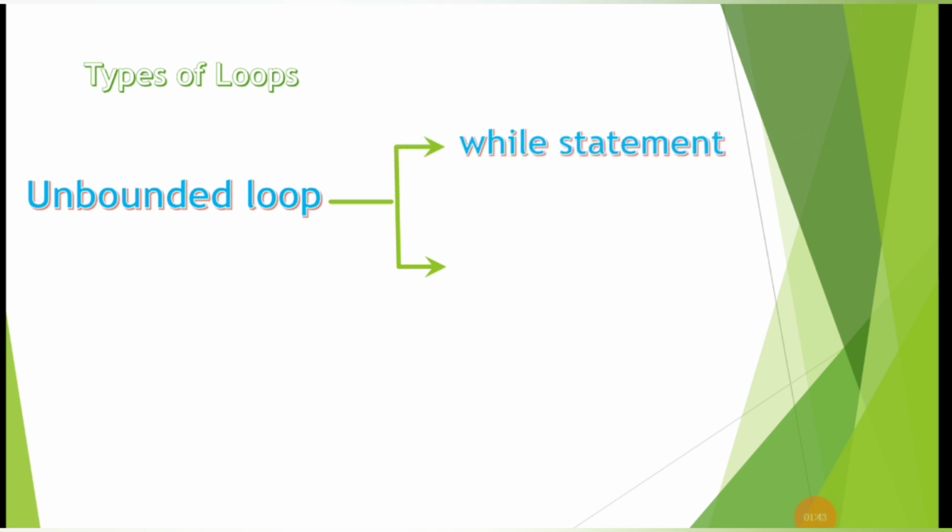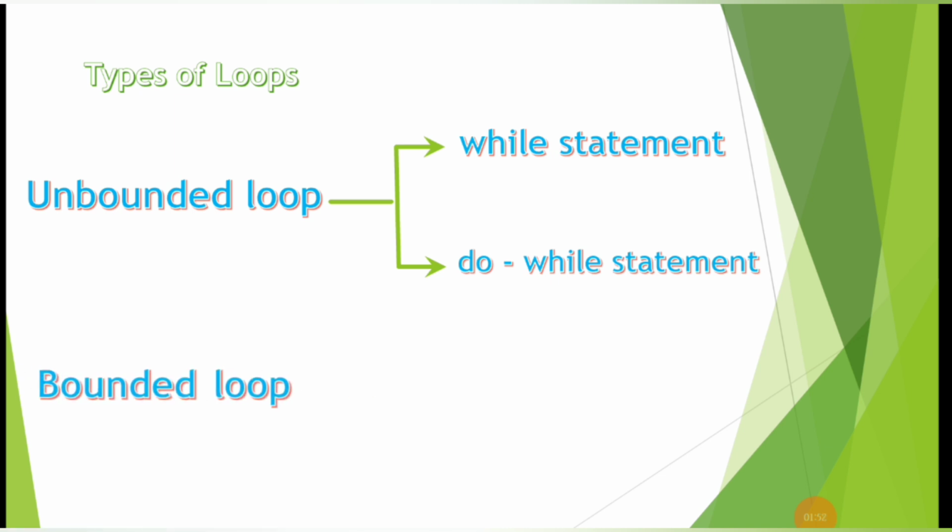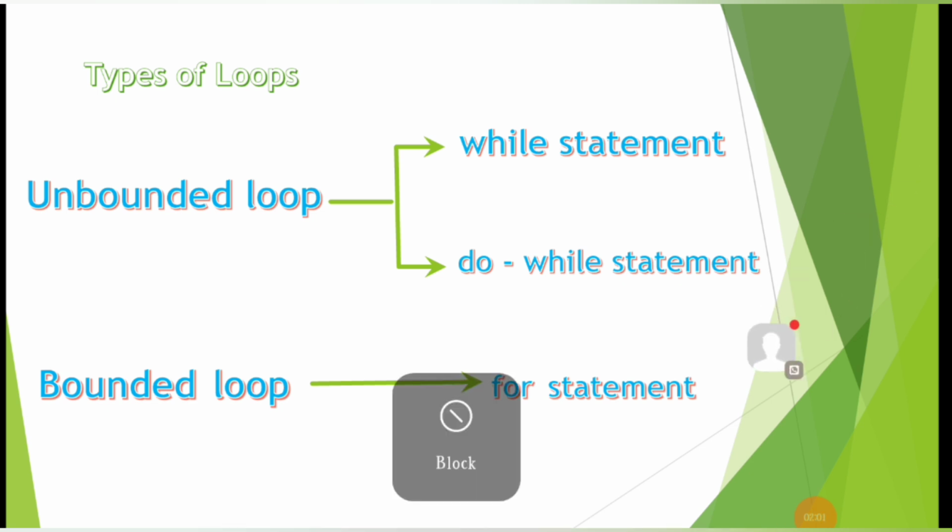These two statements are called unbounded loops, and the bounded loop is the for statement.